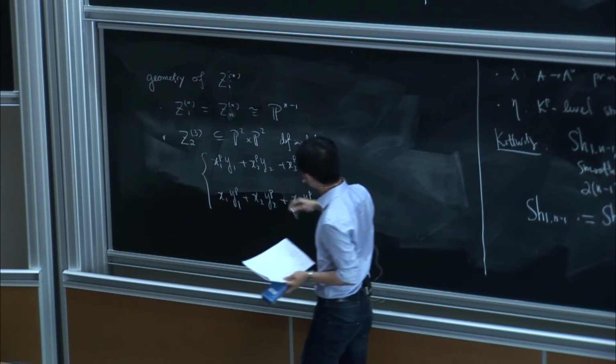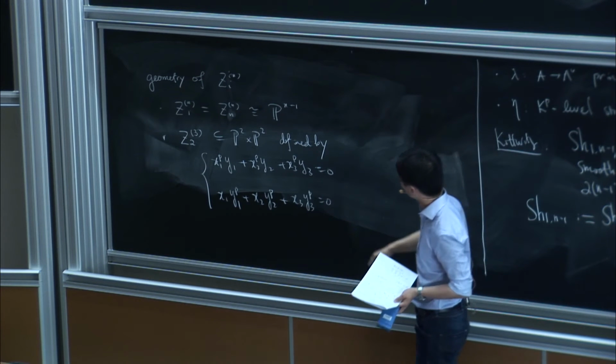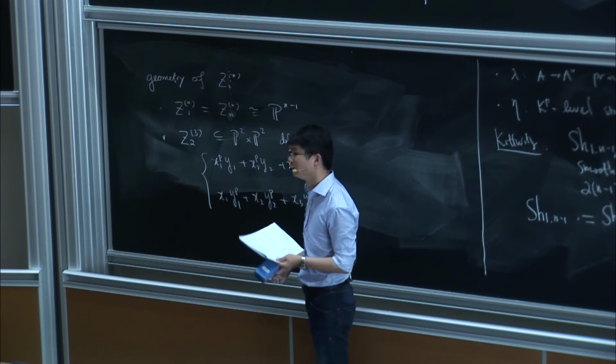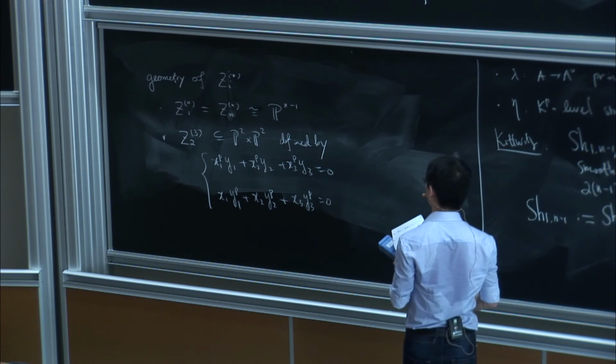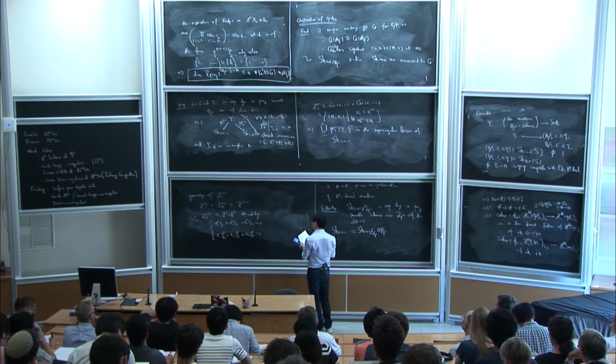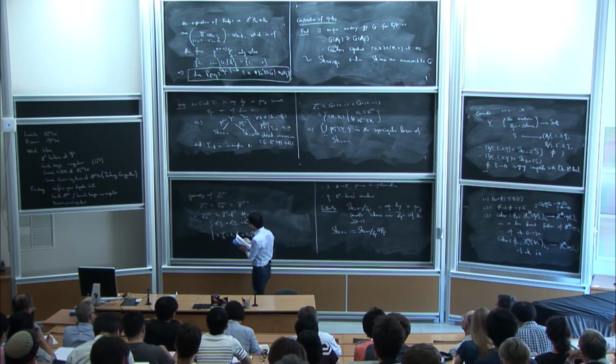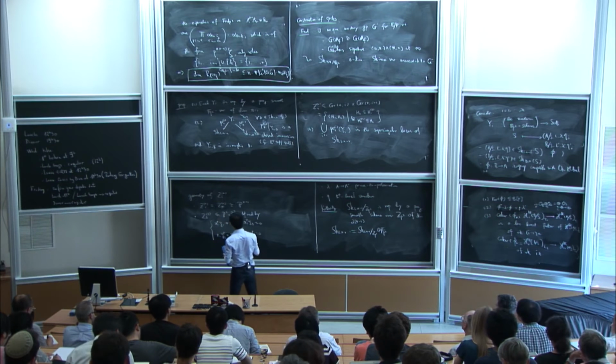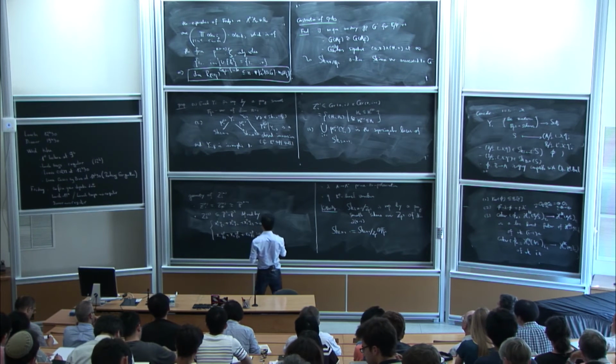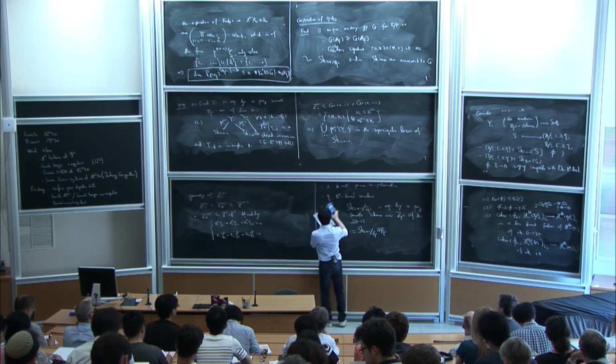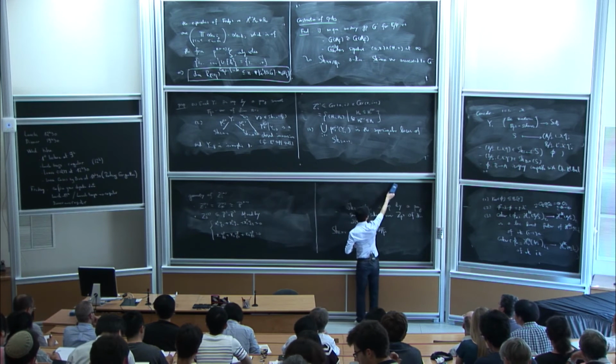Here x and y are homogeneous coordinates of the two copies of P^2. When n and i are large, the geometry is more complicated, but anyway, it is explicitly described.